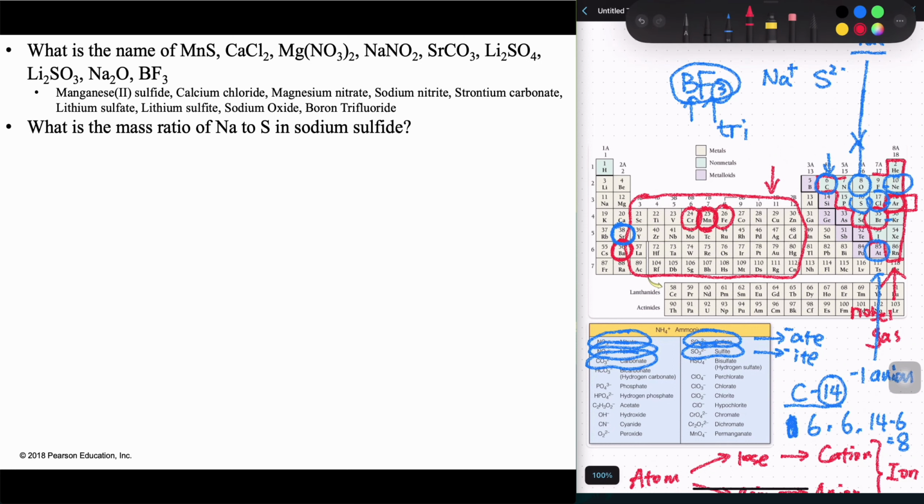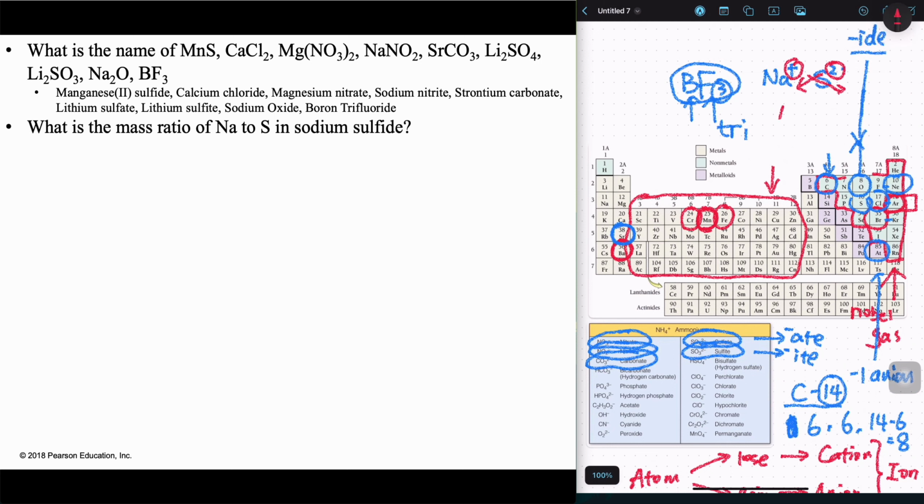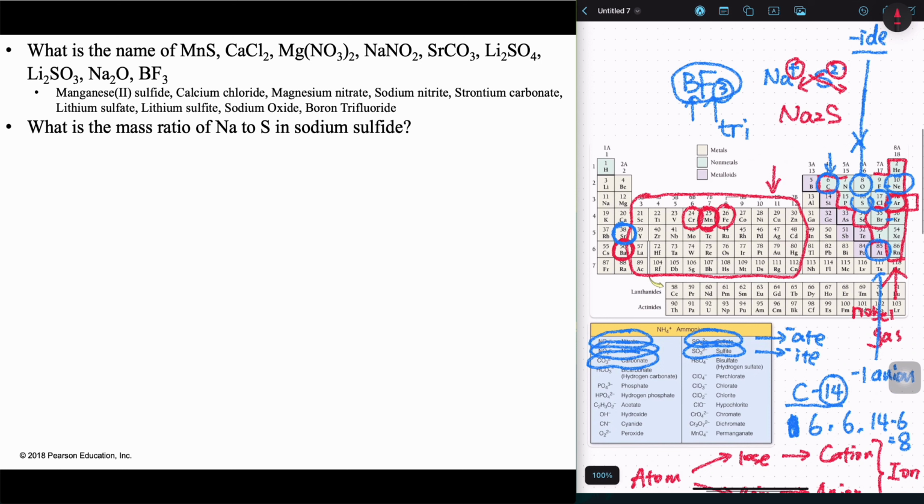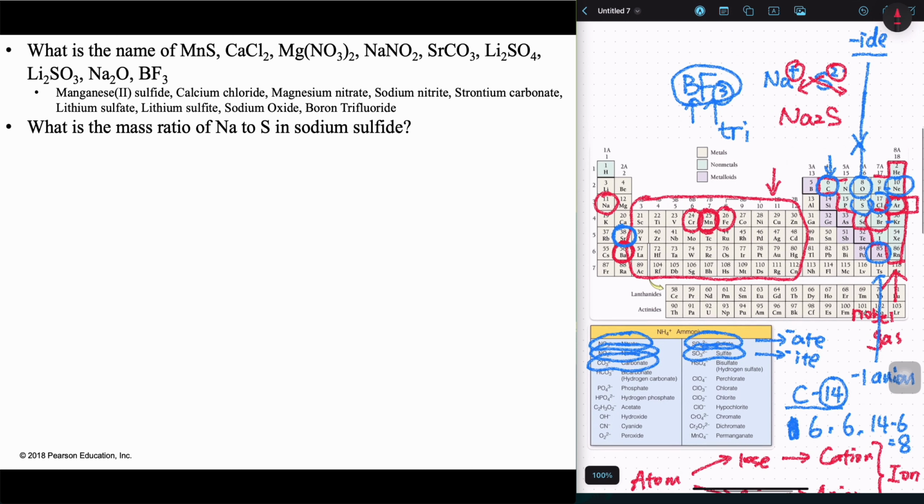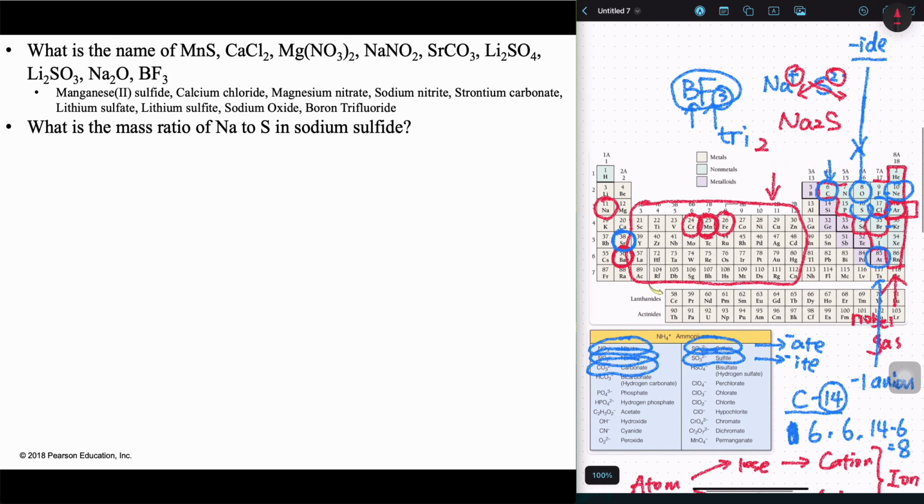So the compound that will be formed is Na2S. How do we find the mass of sodium? We can directly get the mass from the periodic table, and the mass of sodium is 23.